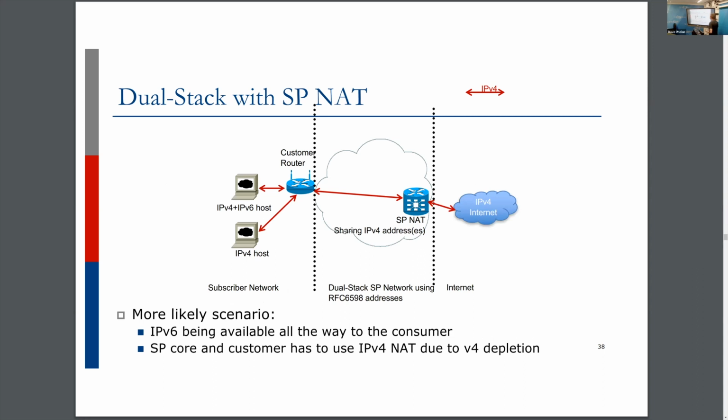So dual stack with service provider NAT looks something like this. Service provider NAT, call it large scale NAT, call it what you want. My V6 host can now talk to the internet. They go directly out. My dual stack host, it can talk to the V6 internet, and via my NAT box, I can still talk to V4.